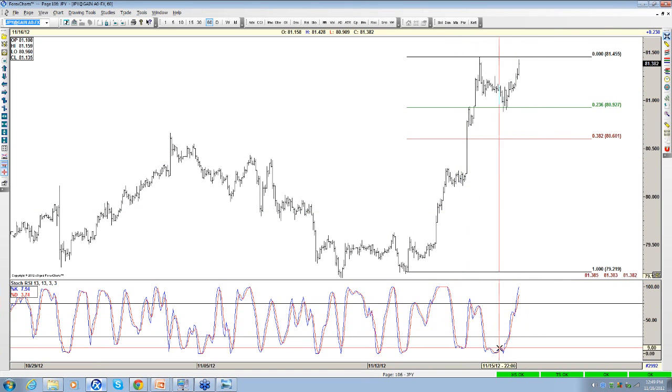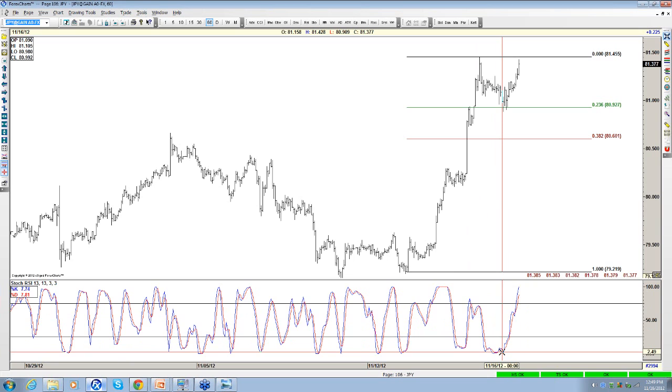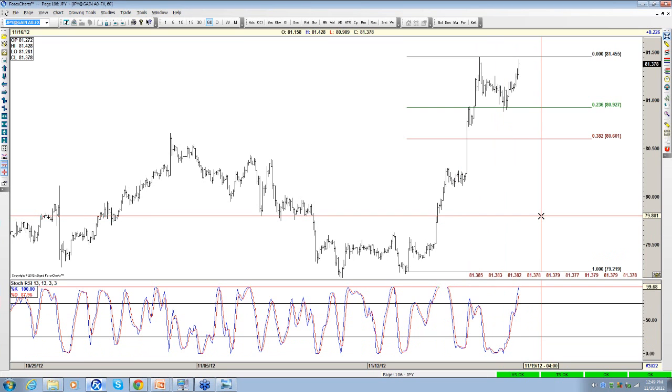You got an uptrend. You always sell against the trend. You buy it. You buy it. That's all you need to do.